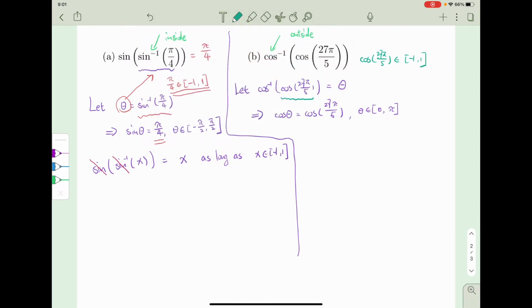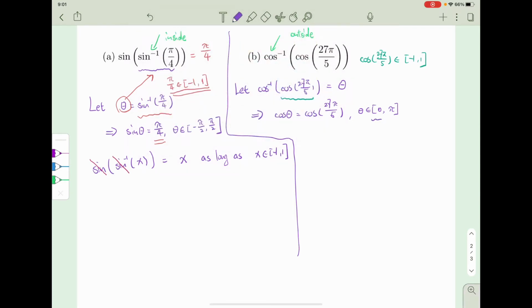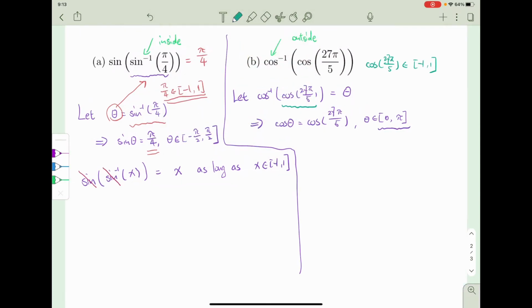Theta is not just this 27 pi over 5, right? Because we require that this theta be in this interval. So what do we do for this 27 pi over 5?